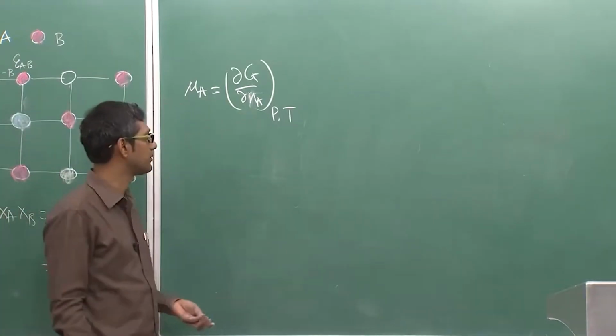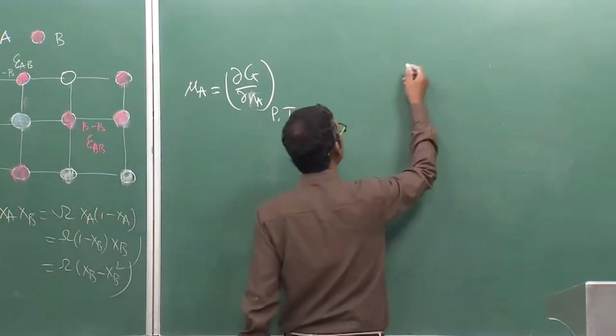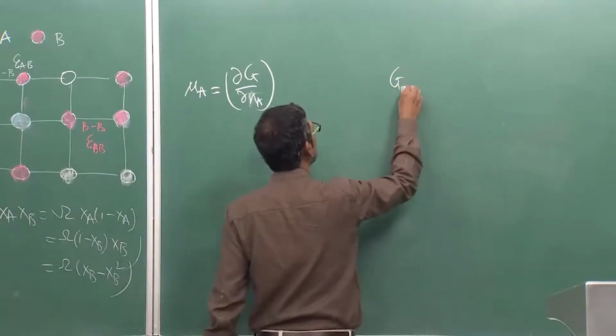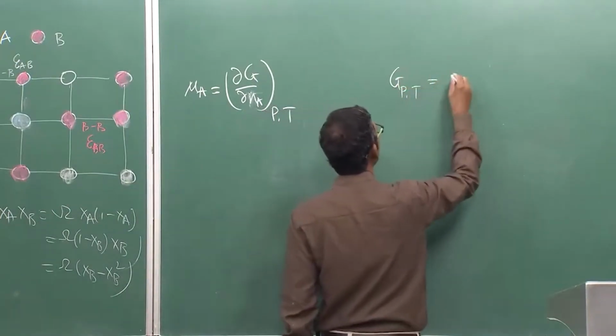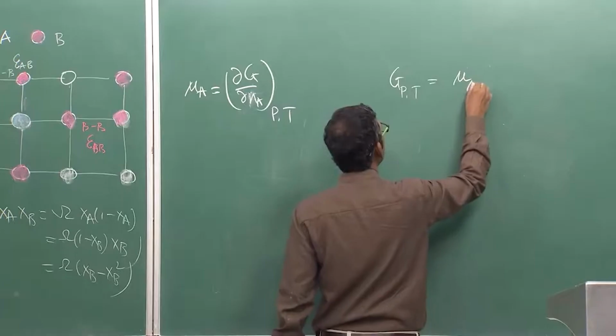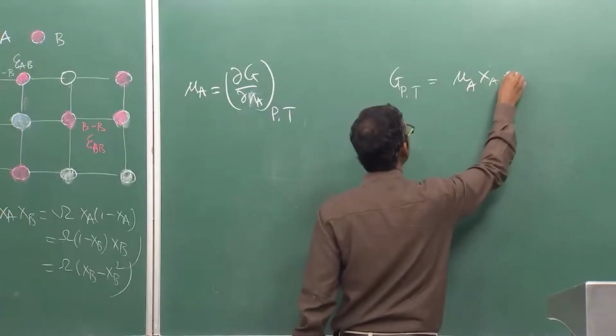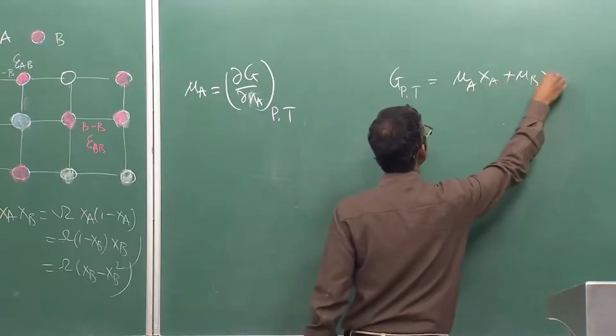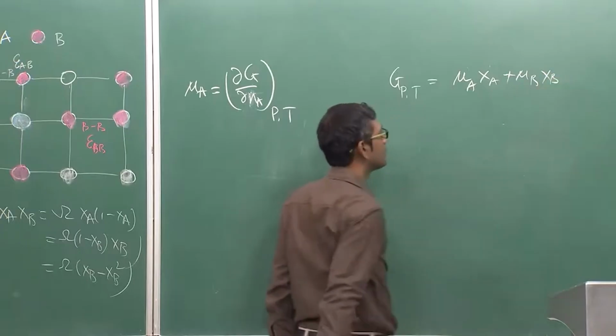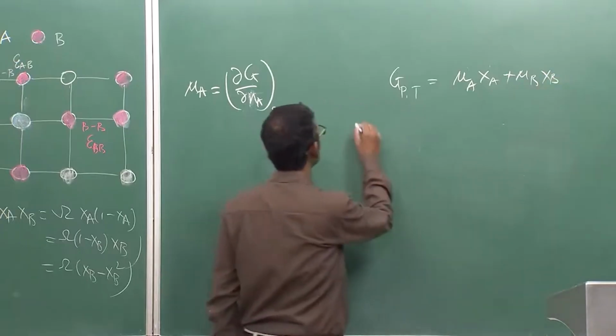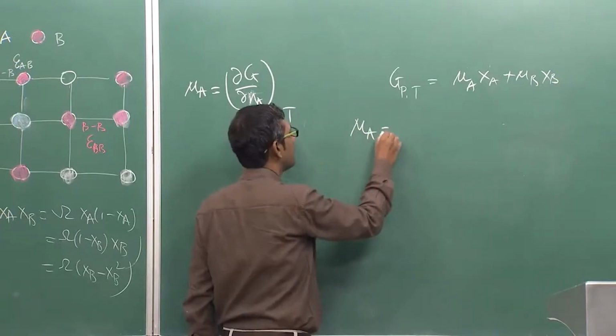the mole fractions. And I told you in the last class that G at a constant temperature and pressure is nothing but mu A XA plus mu B XB, correct. So, what is the actual expression of mu A?